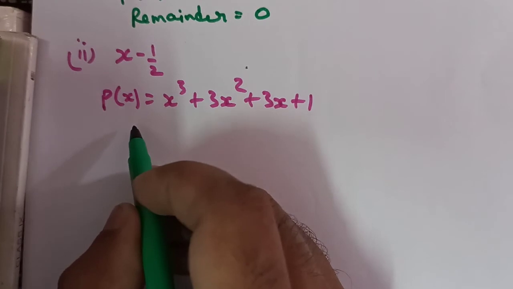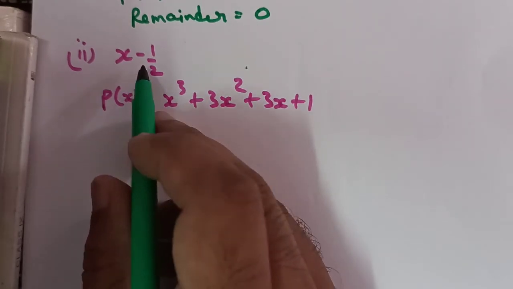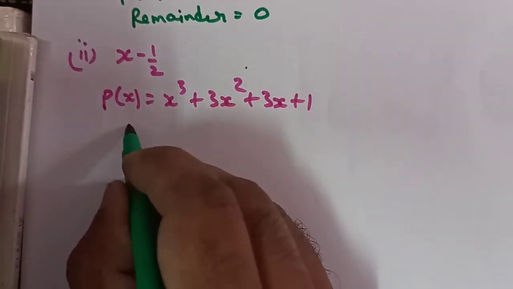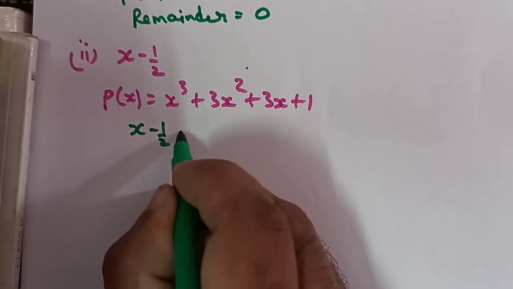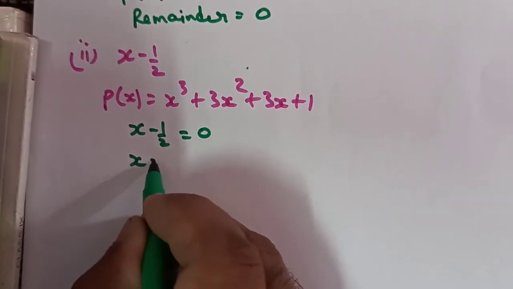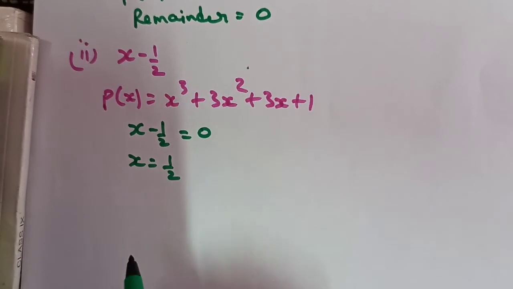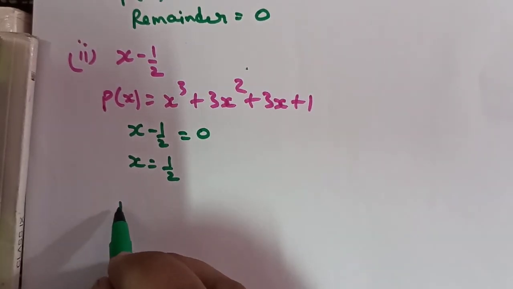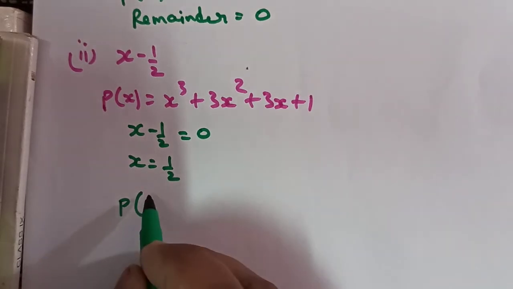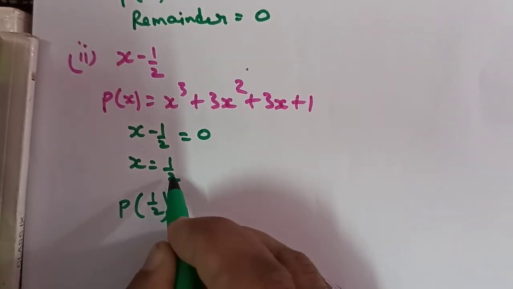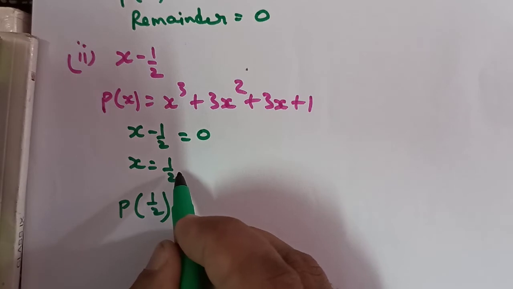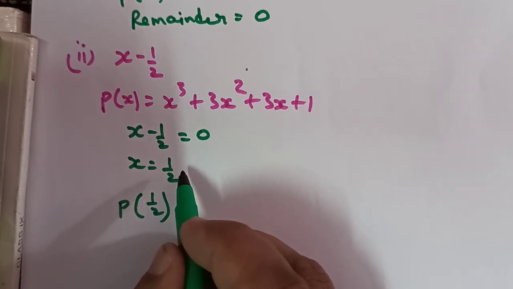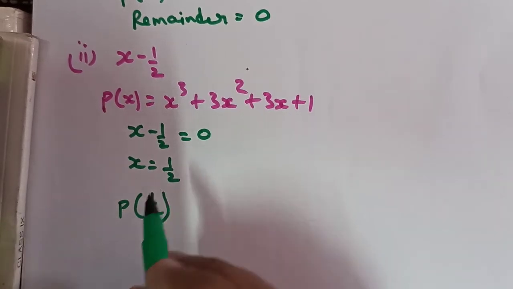First we find the value of a, the zero of the divisor polynomial: x minus half equals 0, then x equals 1 upon 2. Now the remainder will be p(a), that is p(1 upon 2).